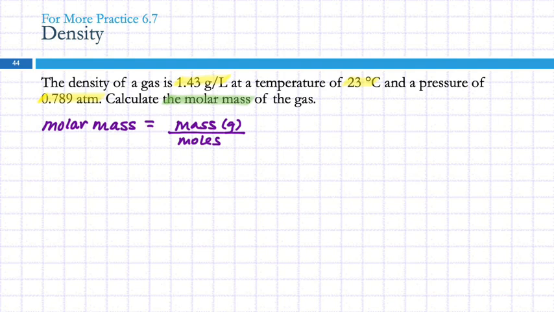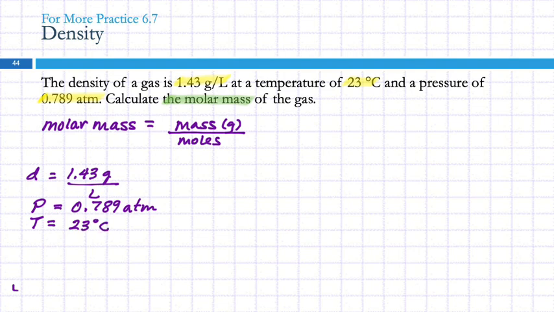So I'm given a couple of things here. I'm given 1.43 grams per liter. That's the density. I'm given a pressure of 0.789 atmospheres. Oh, and I skipped the temperature. Temperature of 23 degrees Celsius.